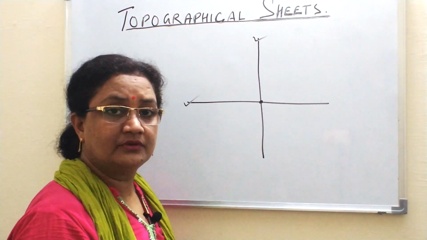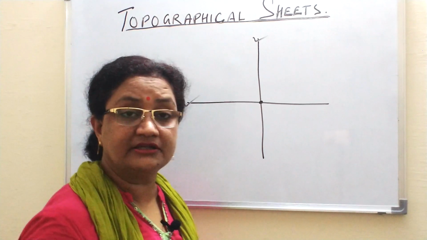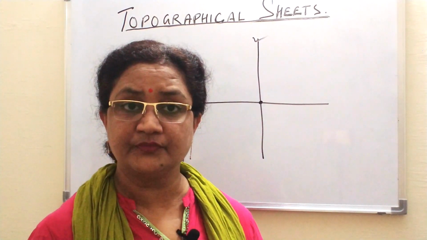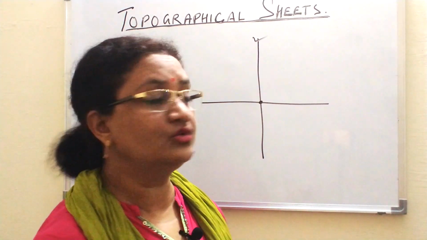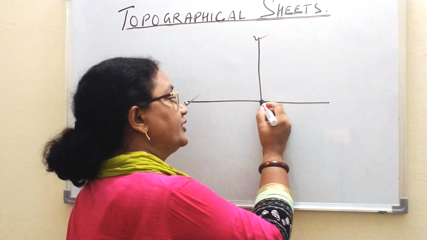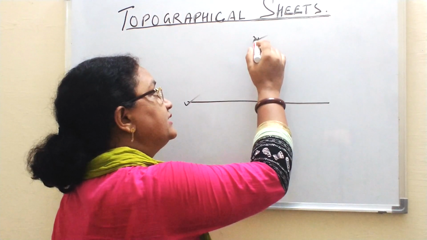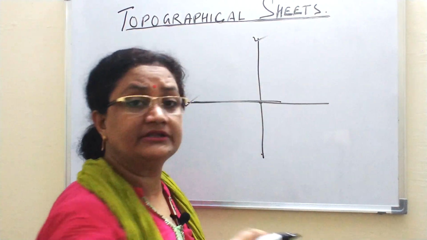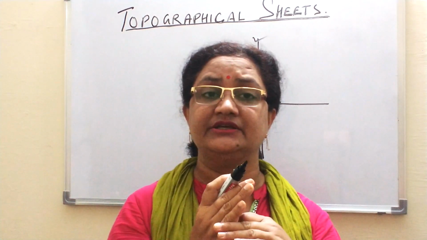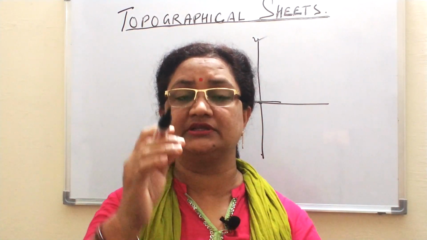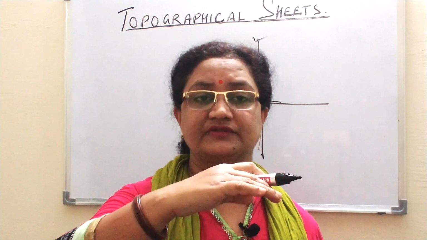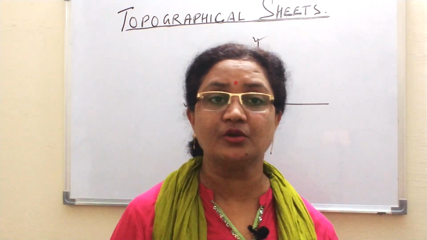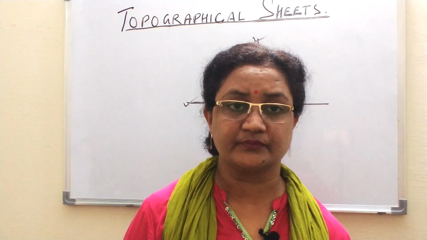Where these two lines intersect, that is the exact location of that place. This is how it helps in locating a place.